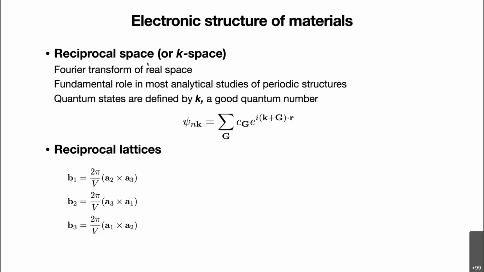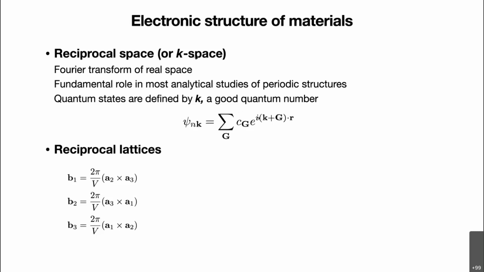using the reciprocal space or K-space concept, we can easily calculate the quantum state numerically and technically, because a quantum state is defined by K and G. K is the good quantum number, which is defined in the reciprocal space. So that's why we need a reciprocal space.